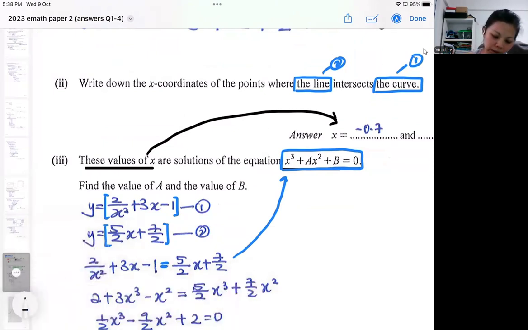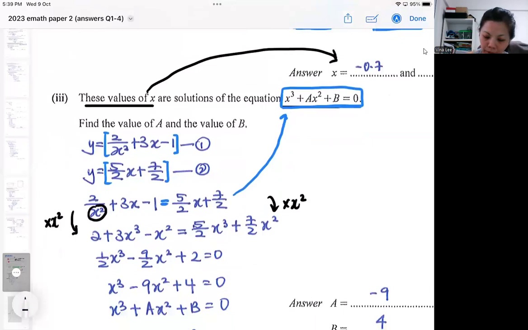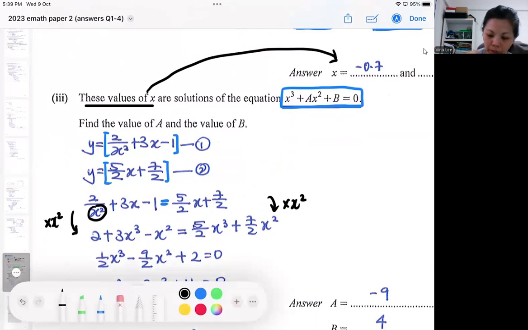First of all, there is an x squared at the bottom. So we are going to multiply x squared on both sides. I'm going to multiply x squared on both sides. So, maybe I will do it here so that you can see how I multiply the x squared.